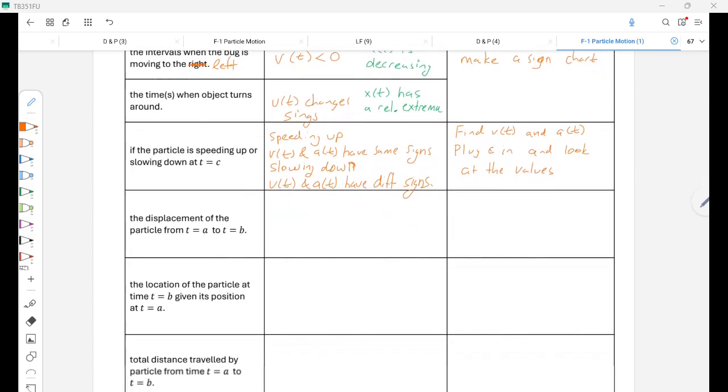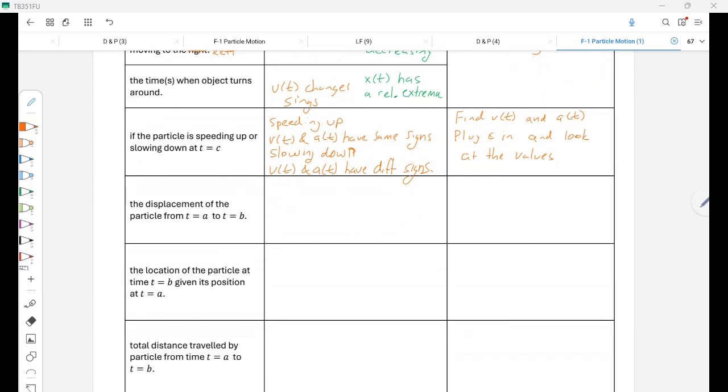And then the rest of this table is the new stuff we learned on the previous page. So the displacement of our particle, how far away from the starting point, that's the integral of velocity.